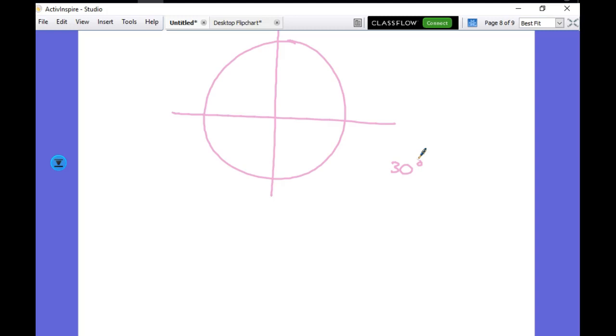Next, you're going to label your angle. Okay, so go ahead and label your angle on there. Next, you're going to draw a line straight down from your dot to the x-axis. Straight down from your dot to the x-axis.